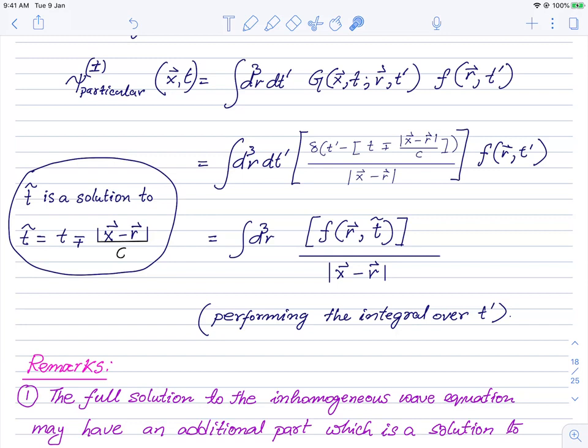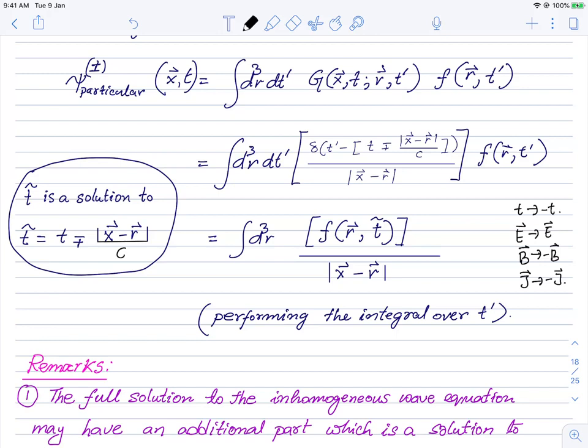You have to change the fields and the sources appropriately. You can check this as an exercise. Under t going to minus t, the electric field remains invariant, the magnetic field goes to minus itself, and the current becomes minus the current.